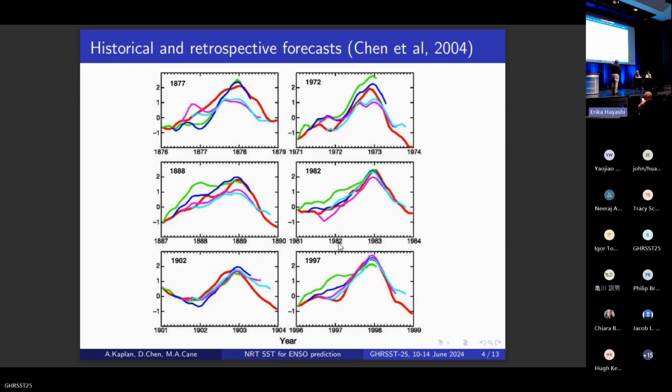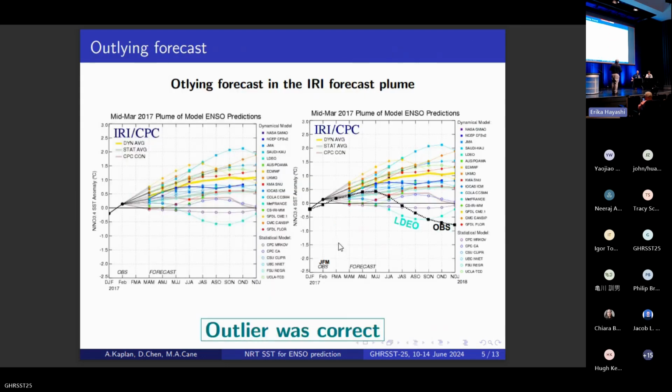And at that time, in 2004, he showed a set of retrospective forecasts in which the model successfully predicted basically the 6 largest El Nino events, being initialized just by historical analysis of sea surface temperature up to this point, which I thought was interesting, and that is the version of the model which we use for monthly, so to say, operational forecasts.